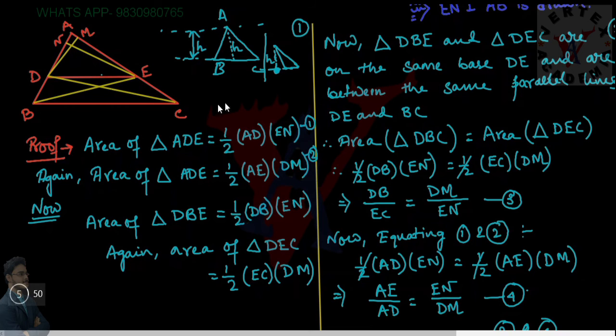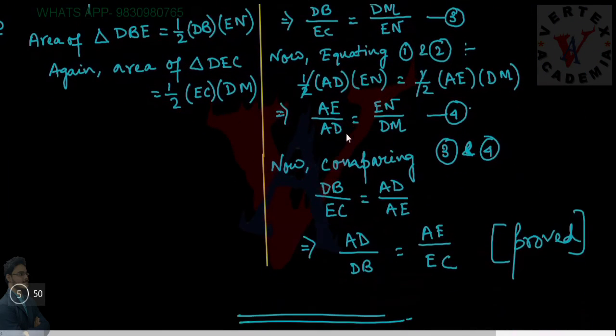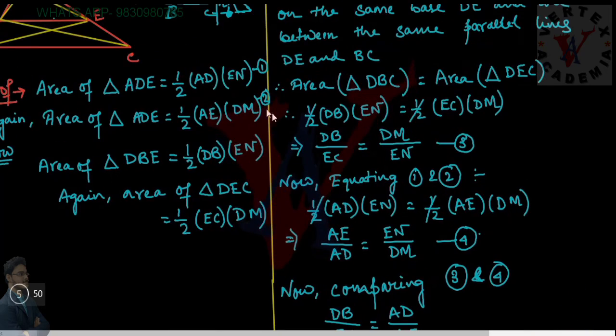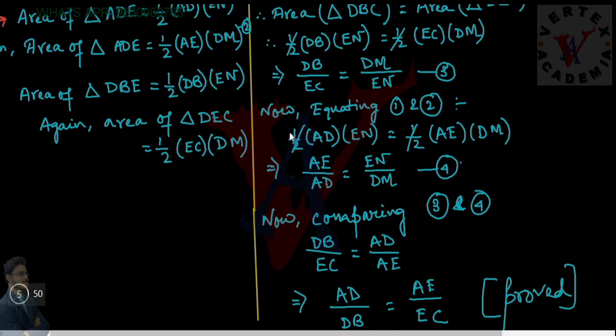These two areas are the same because they are of the same triangle ADE. So we equate the first two areas, 1 and 2, and while equating these two, we get a relation like AE by ED equals EN by DM.